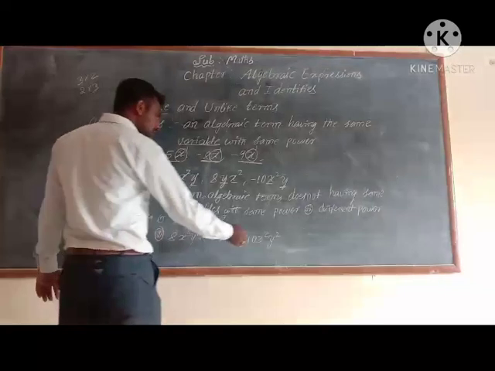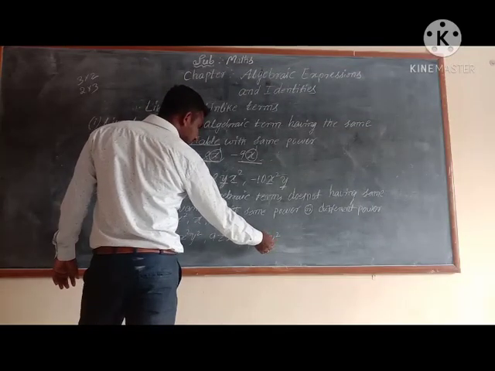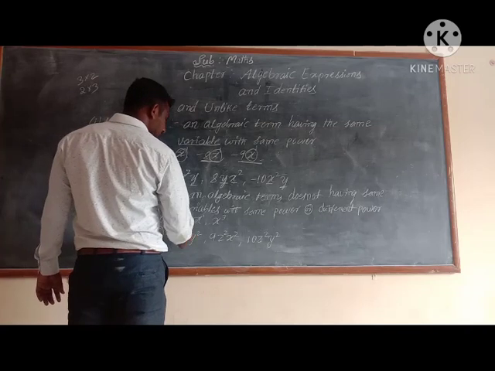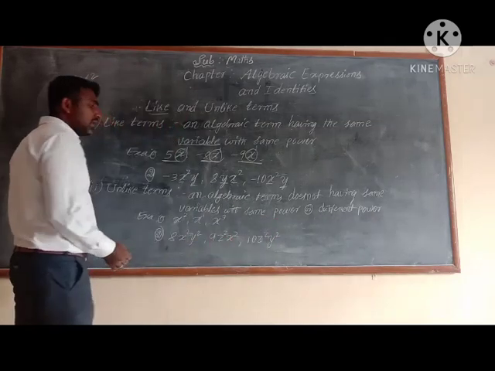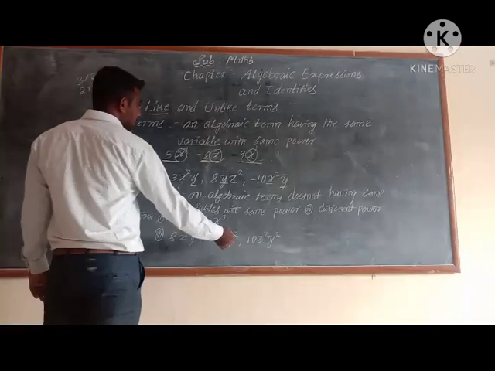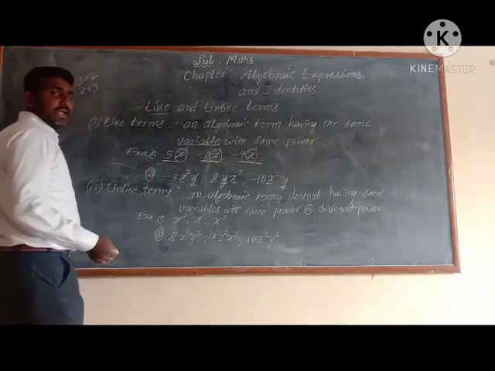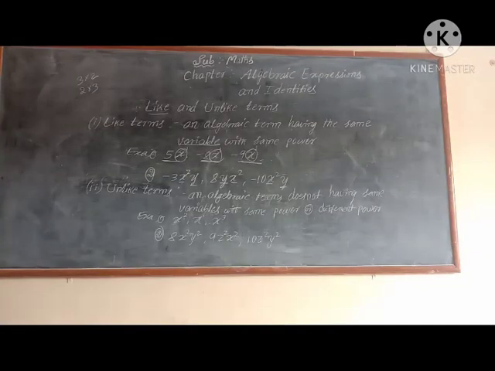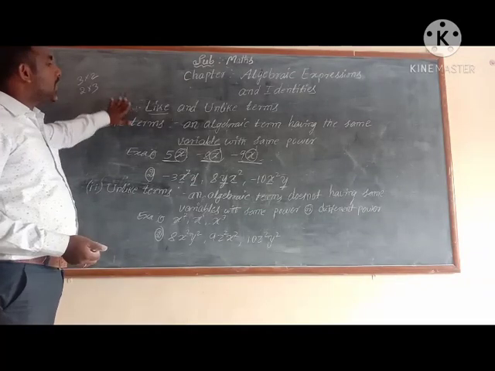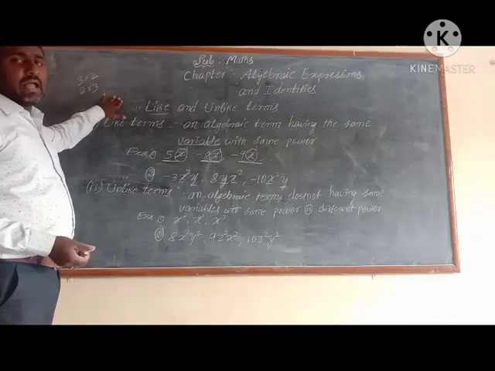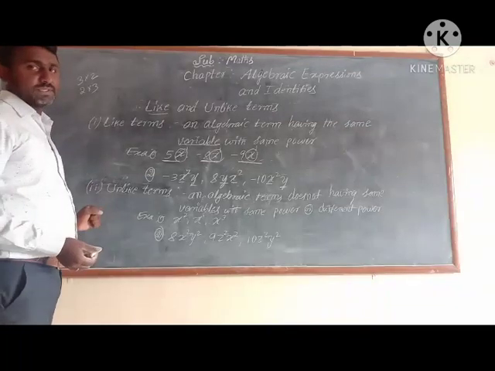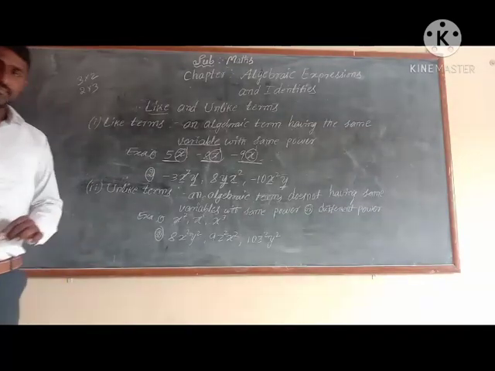Comparing with the last term, z is there, but the variable is not the same. So these terms are also considered unlike terms. Are all understood? Like and unlike terms are very important when doing the fundamental operations with algebraic expressions.